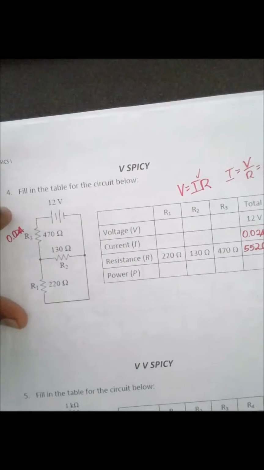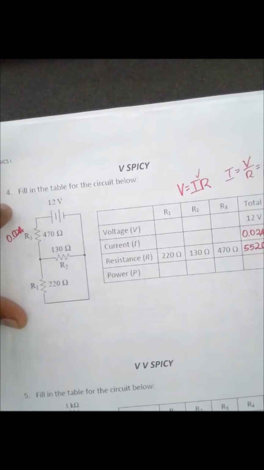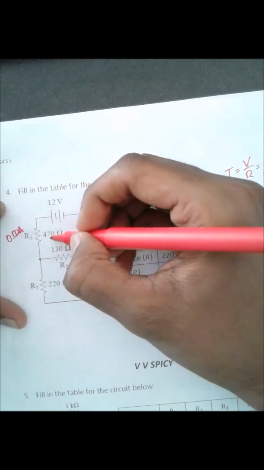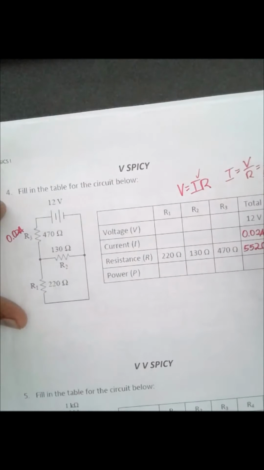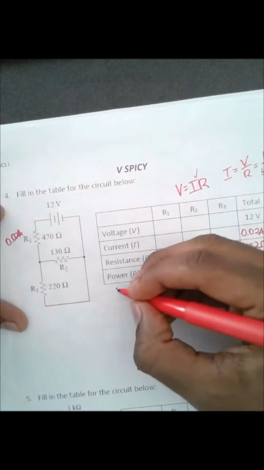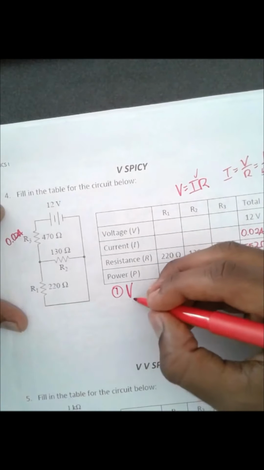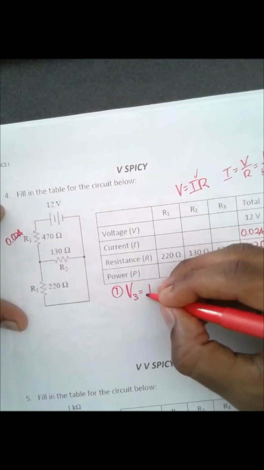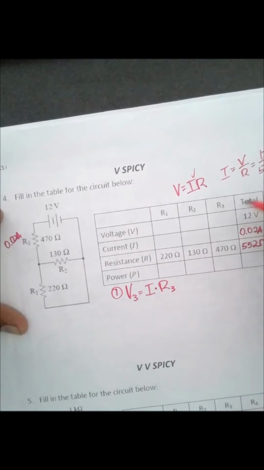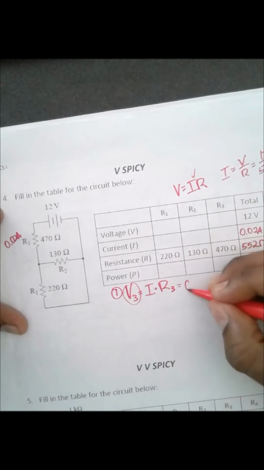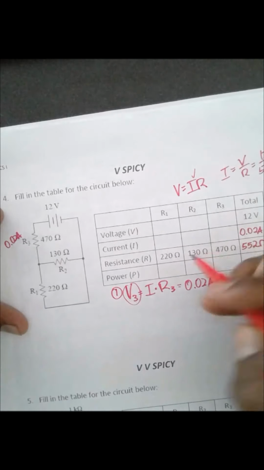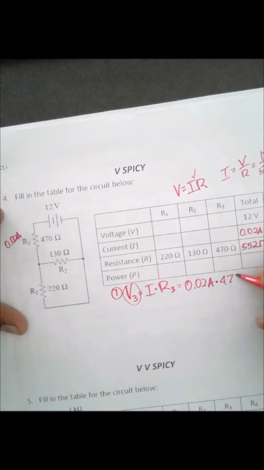So what we want to do first is, if we have the current going into R3 and the resistance of R3, we can easily find the voltage for R3, because we have V equals IR. So V3 is equal to I times R3. The voltage is going to be 0.02 amps times the resistance of R3, 470 ohms.